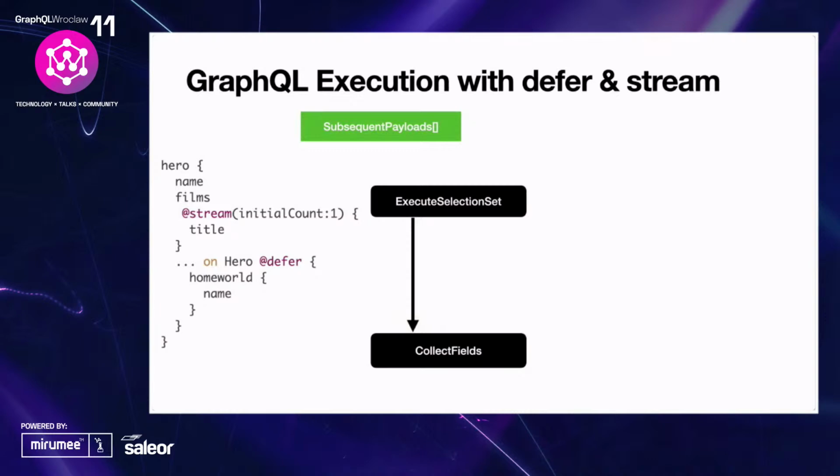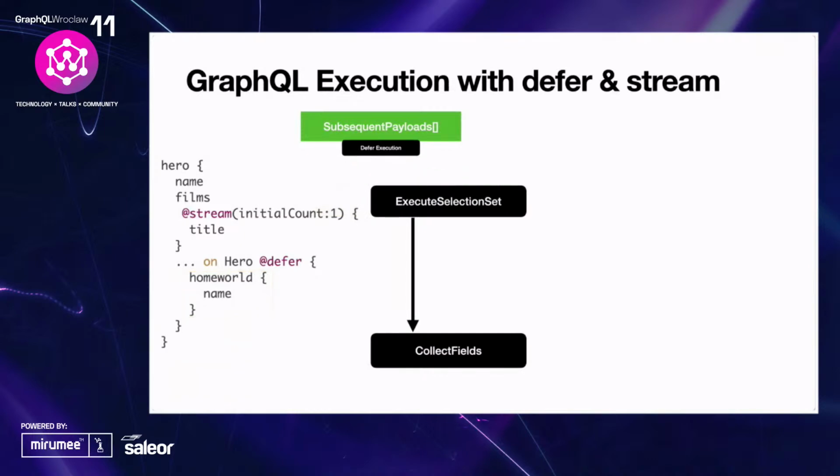And again, collect fields is going to recursively iterate through any fragments. But now, if it sees a fragment with a defer directive, it's not going to recurse into that fragment selection set. Instead, it calls execute selection set on that fragment selection set and stores the execution inside of subsequent payloads.